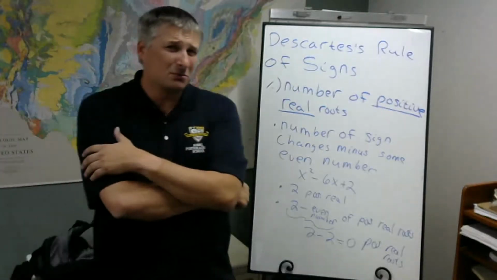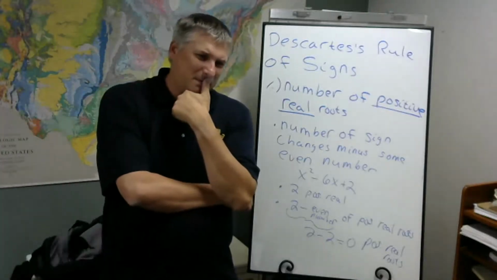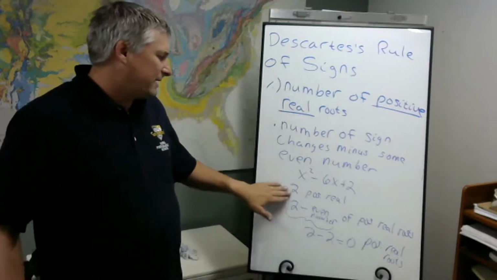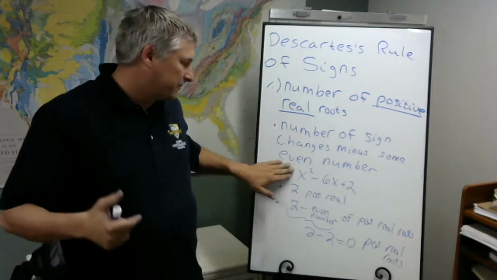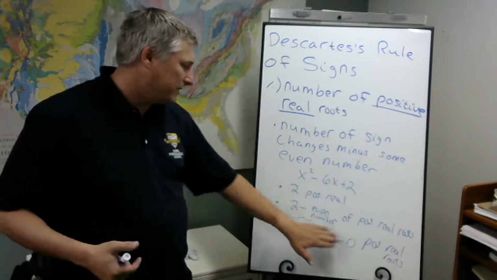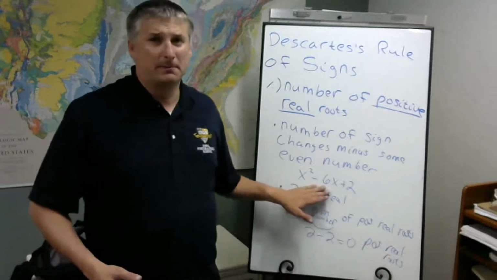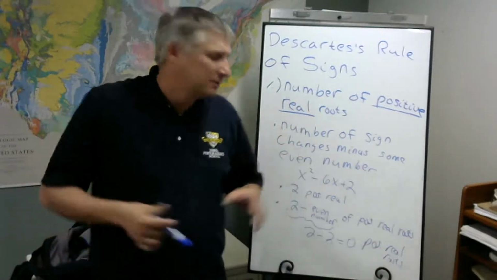So from these first 2 rules, we're not going to have totally exact answers here. We could find out we have 2 positive real roots for this polynomial, or we could have 0 positive real roots for that polynomial. All right.